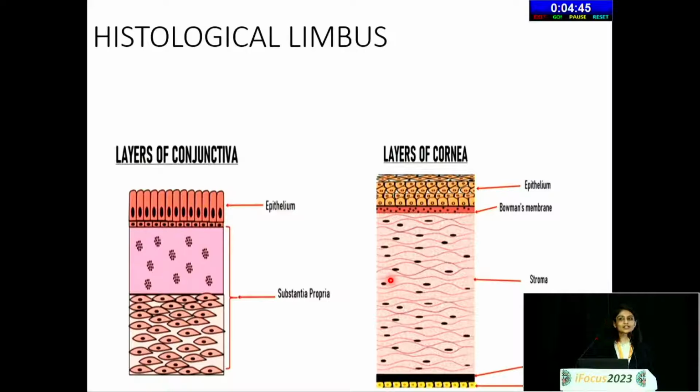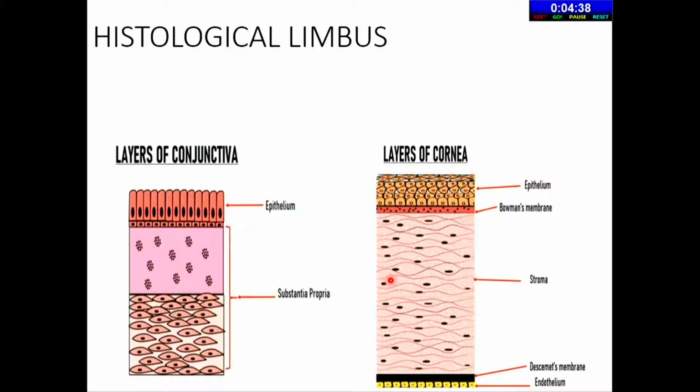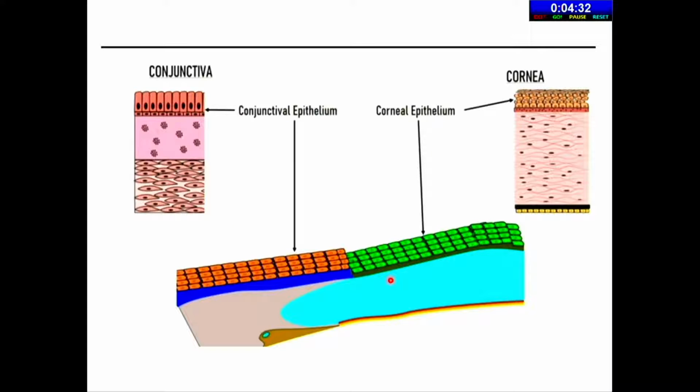So let's deal with the histological limbus first. As I mentioned earlier, the limbus is a transition from the cornea to the conjunctiva. While we deal with the limbus from the histological perspective, I shall be dealing with all these layers one by one. We all know the very first layer of the conjunctiva is the conjunctival epithelium, and of the cornea is the corneal epithelium. So the histological limbus is defined as the transition from the corneal epithelium to the conjunctival epithelium.